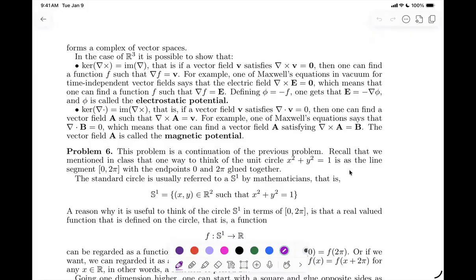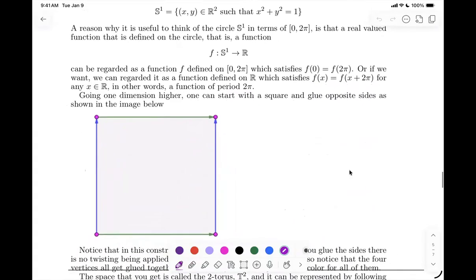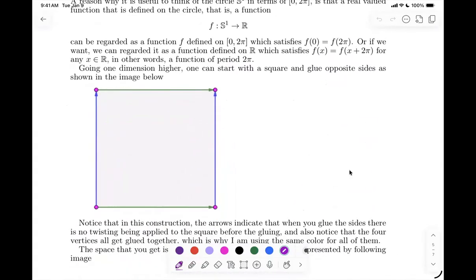So it's just to run down this example that I was telling you about with the wraps and the cheese. As I was saying earlier, if you have a segment, one way to think of a circle is as a line segment where you just connect the endpoints. You can do something similar here: if you take a square piece of paper and glue together the two blue sides, and glue together the two green sides, you get a torus.